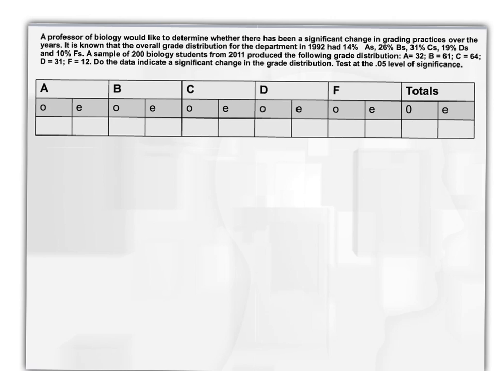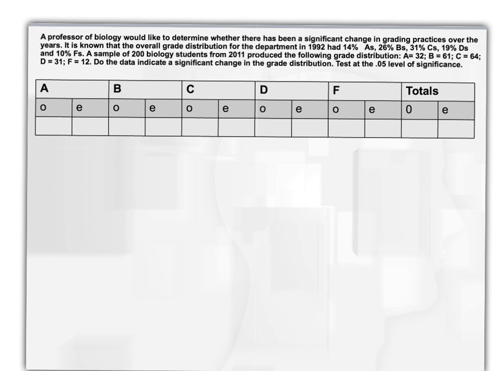Now, in this case, we're told that in the past, here's the expected proportions. And we'll calculate the expected frequencies from that data. And so our expected frequencies are based on that information. And so we compute our expected frequencies differently in this type of problem than we did in the previous problem.